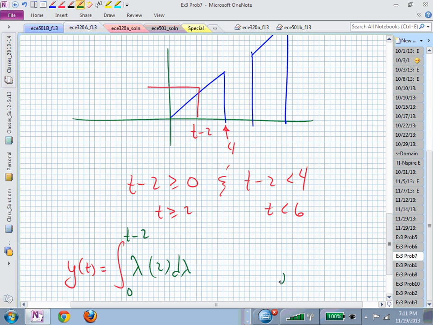And it's true as long as t is bigger than 2 and less than 6. Are we getting this? Does that make sense? So I evaluate that integral, which all your integrals are going to be very similar in evaluating. You'll just have to integrate, and then you'll have to evaluate them.